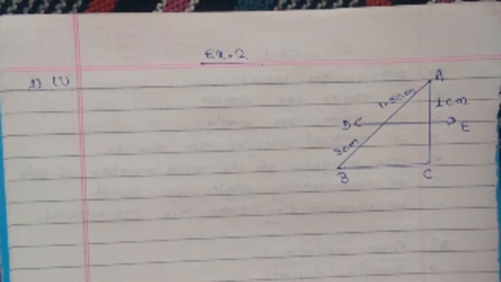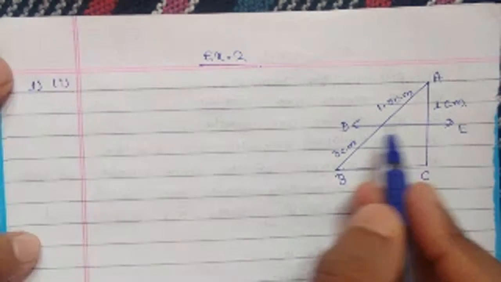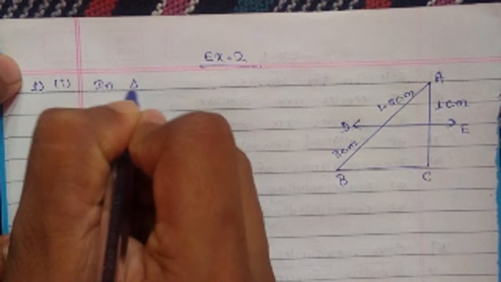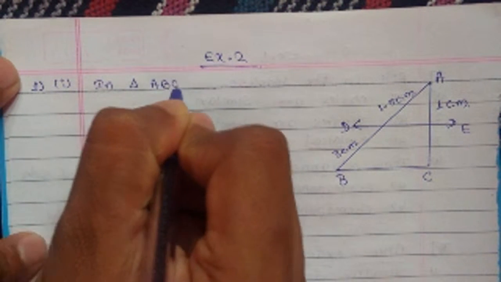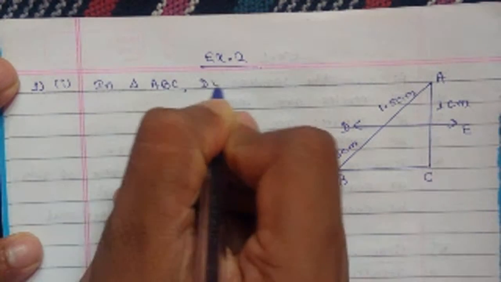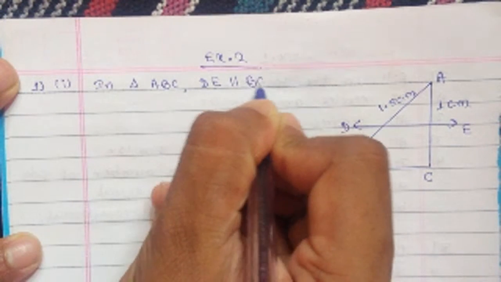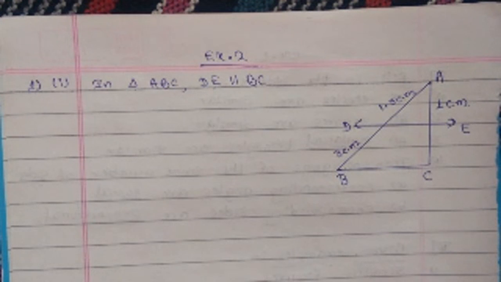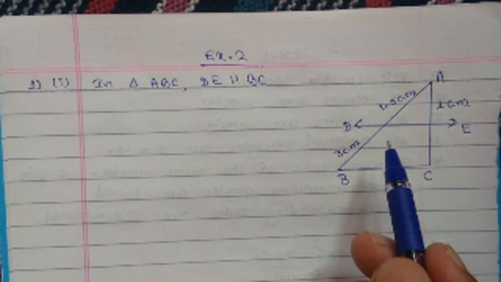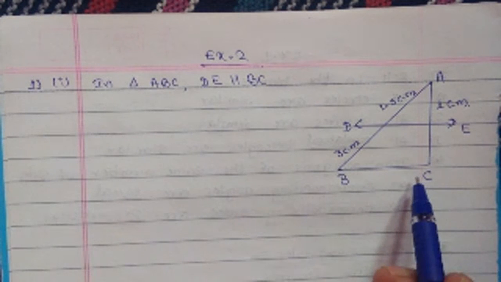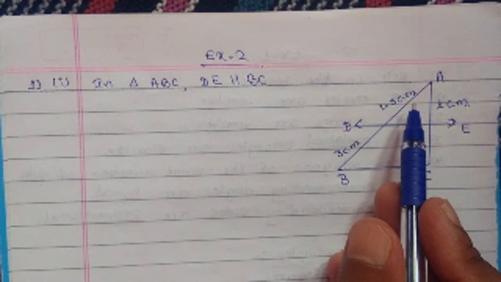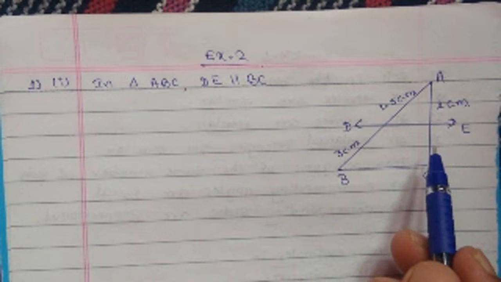So what is given? In triangle ABC, DE is parallel to BC. Then according to the basic proportionality theorem or Thales' theorem, if a line is drawn parallel to one side of the triangle and it intersects the other two sides at different points, then the ratios of the other two sides are equal to each other.